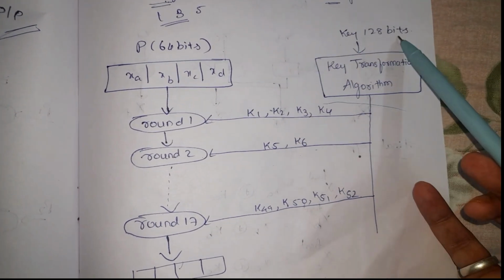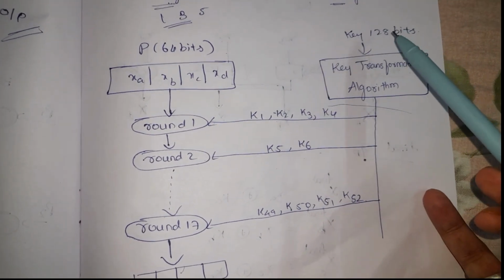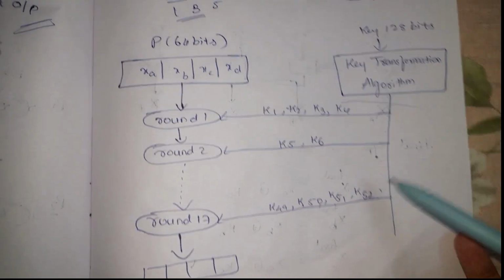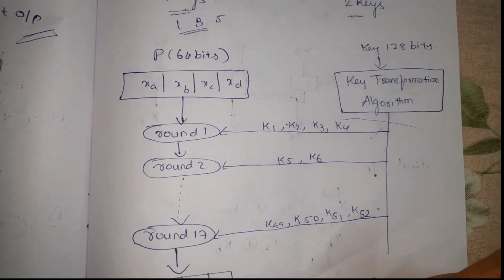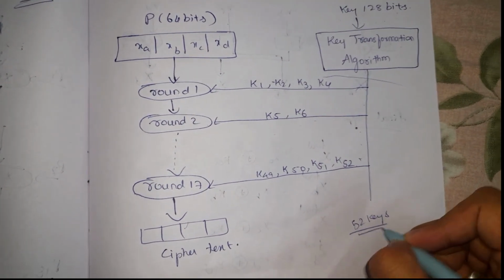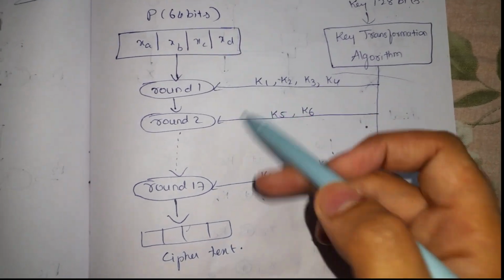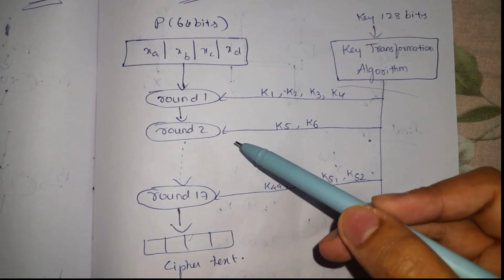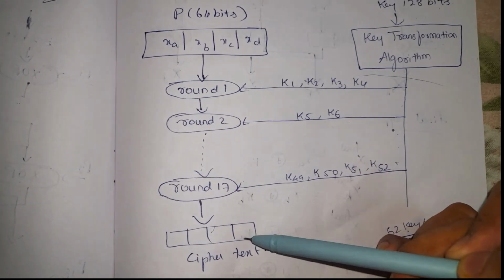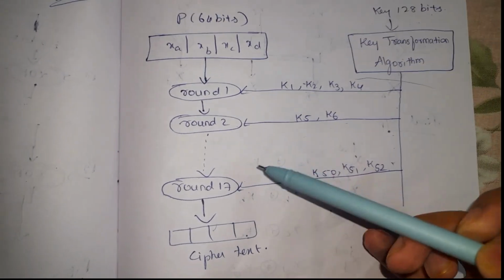The key size is 128 bits, and from these 128 bits the sub keys are generated. In total we have 52 different sub keys used across the rounds to perform encryption, and after the end of the final round we obtain the ciphertext.